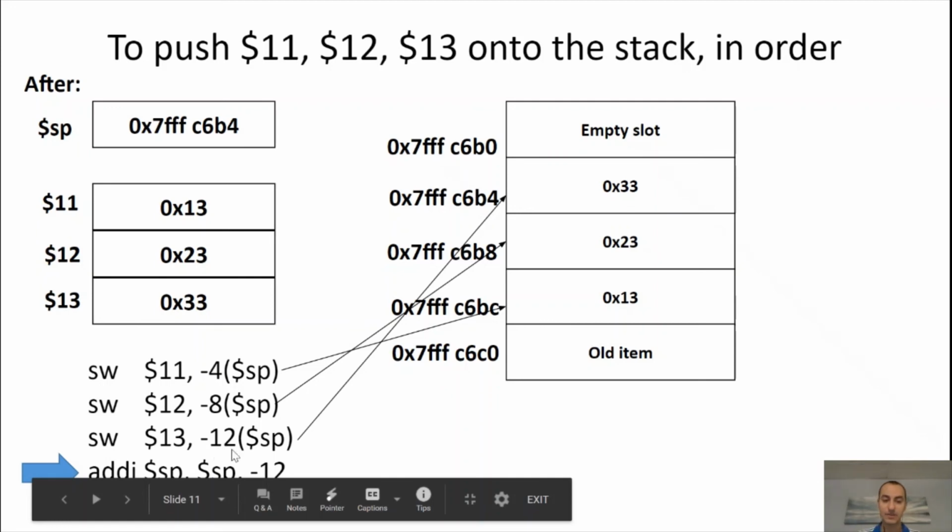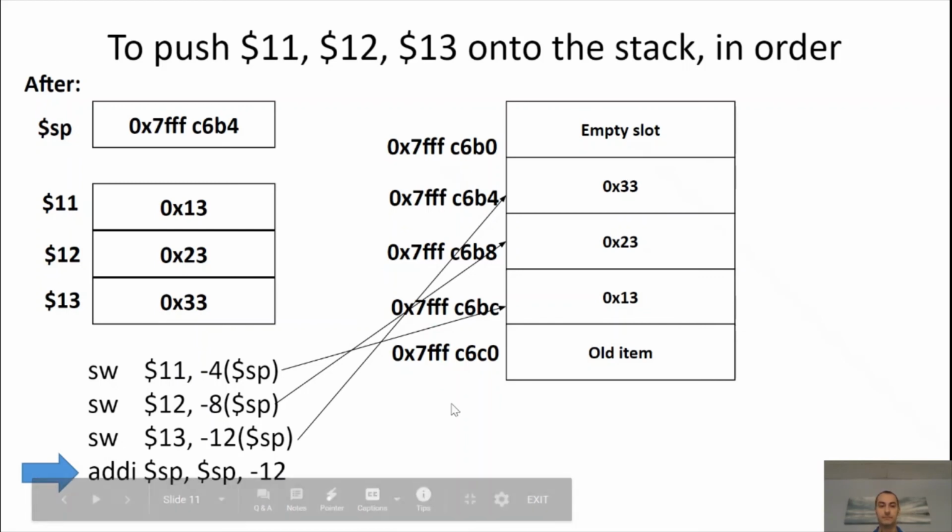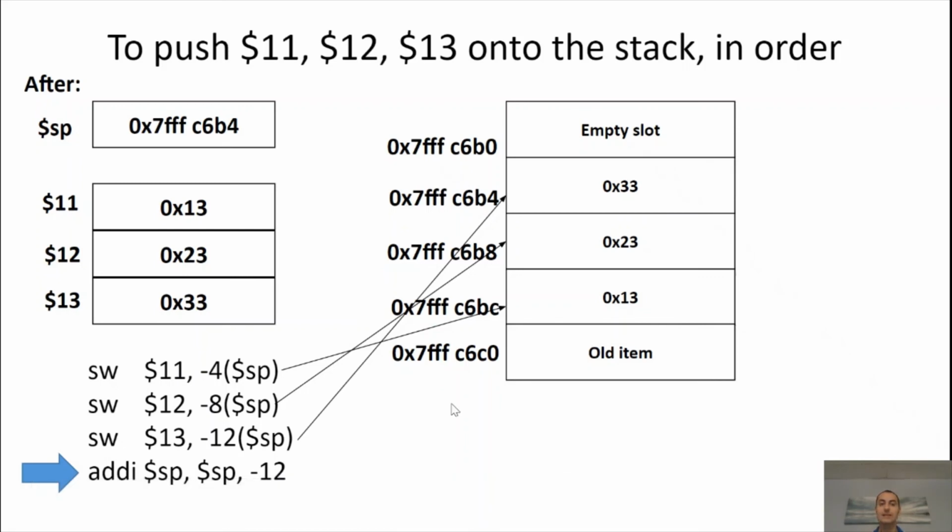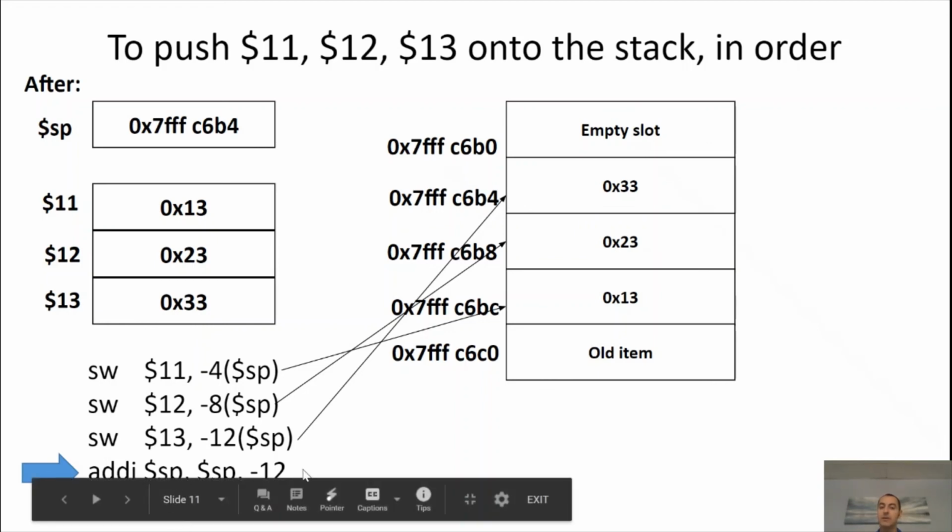You had minus 12, and that would be the top of your stack, your last item on your stack. You can do the same minus 12 there and it's going to be the same location. So that is how you push multiple items onto your stack without updating your stack pointer in every step.